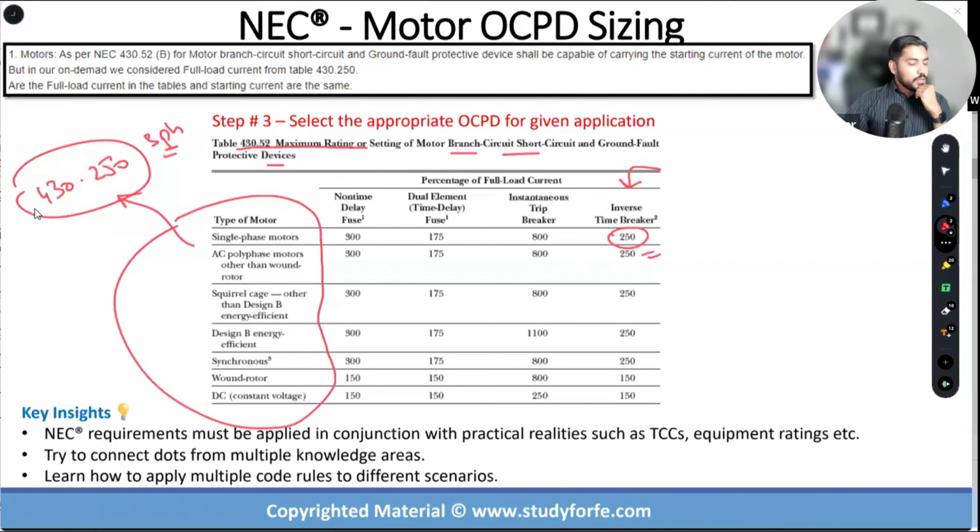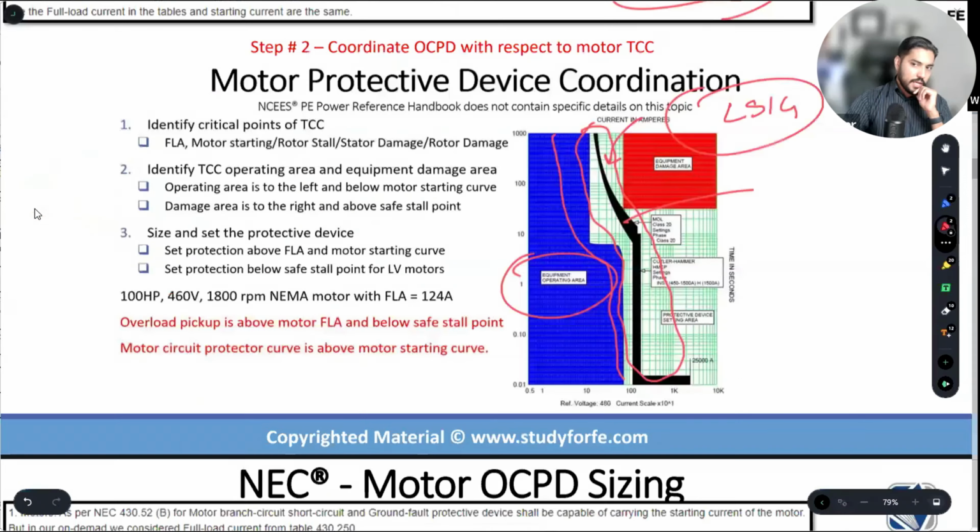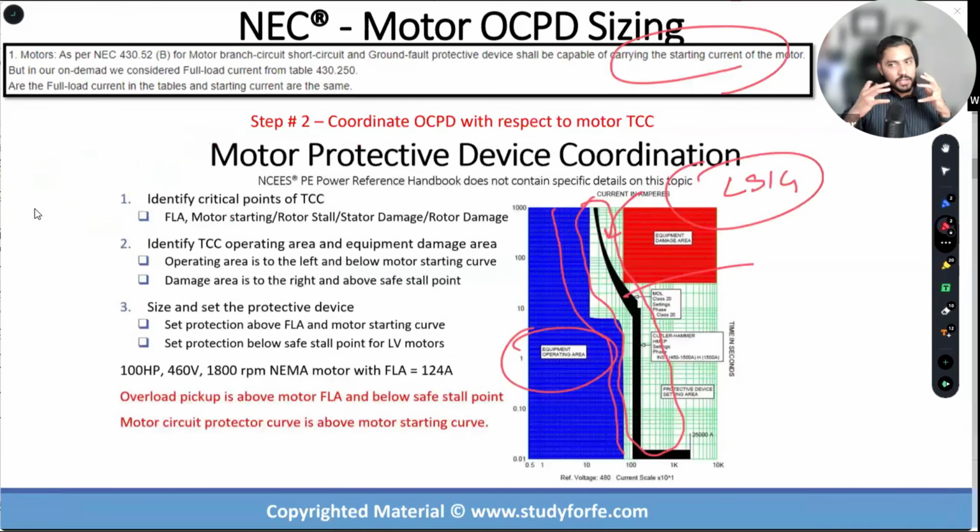Now, what is this number? 250% of the FLC. So this is where the FLC is coming from. If you're using a time delay fuse, then the maximum allowance is this. If you're using a non-time delay fuse, then this is this. If you're using an instantaneous trip breaker, then this is this, right? Now, if I go back to the TCC, guys, you've got to see the interesting thing.